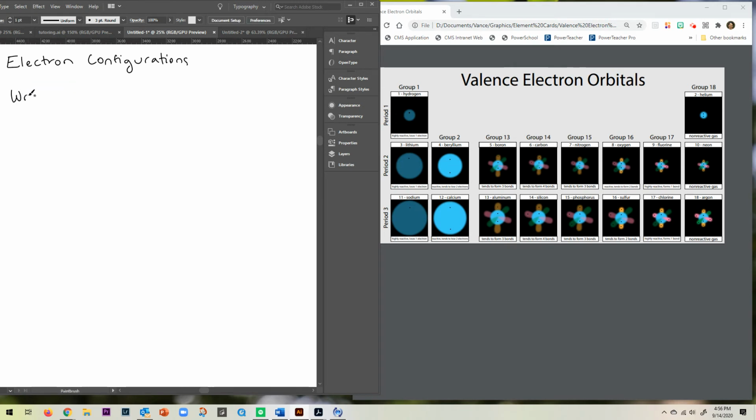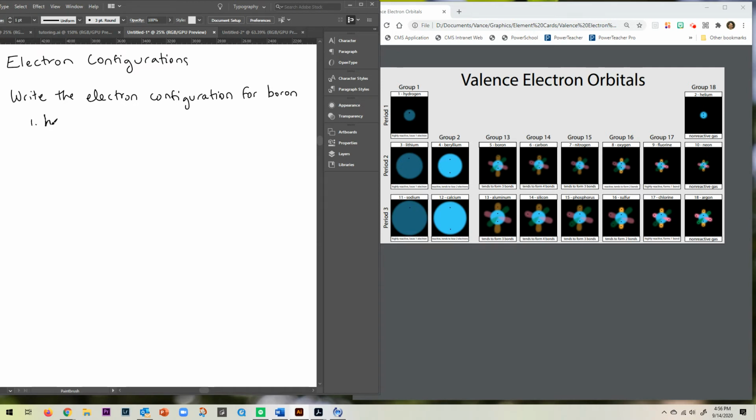Let me say, write the electron configuration for, let's do boron. So boron is right here, okay?